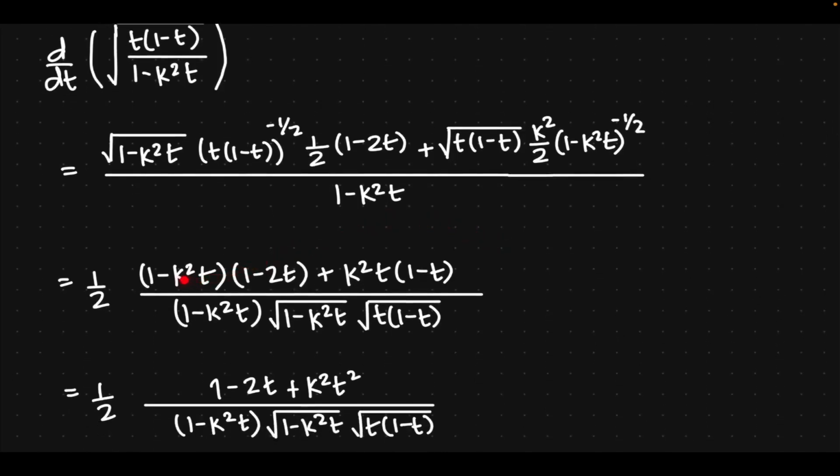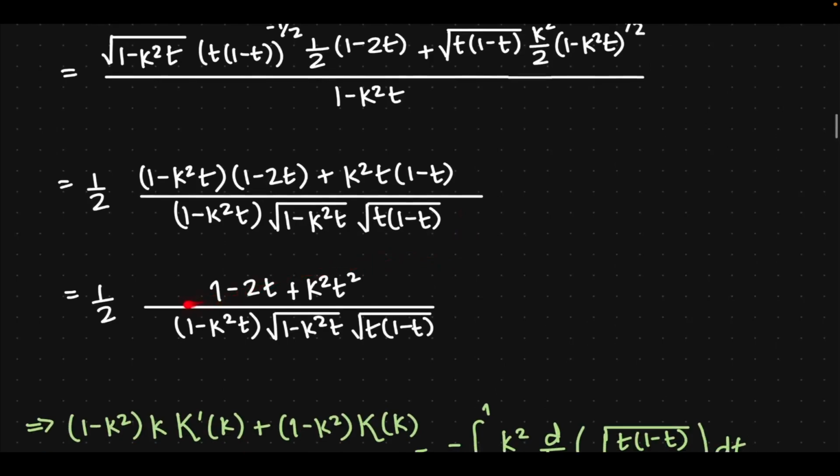We can simplify this using algebra. Mainly, we can find a common denominator by cross multiplication. So we get 1 half times [(1 minus k squared t) times (1 minus 2t) plus k squared t times (1 minus t)] divided by (1 minus k squared t) times square root of (1 minus k squared t) times square root of t times (1 minus t).